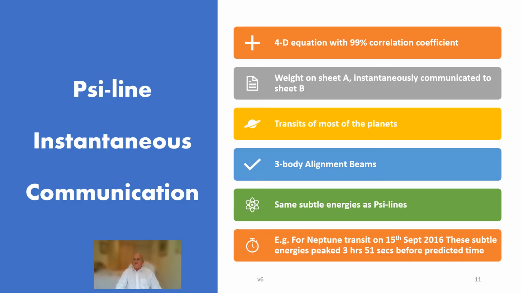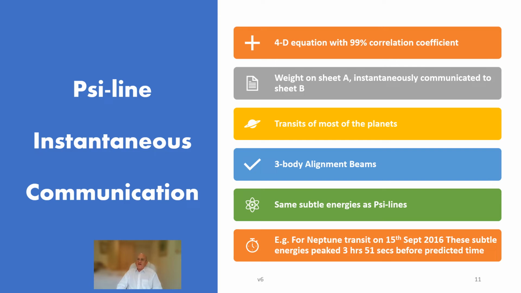The XL trend line gives a 4-dimensional equation with an unusually high correlation coefficient of almost 100%. As is also apparent from a previous graph, the weight on sheet A is instantaneously communicated to sheet B, and their increasing auras remain synchronized.